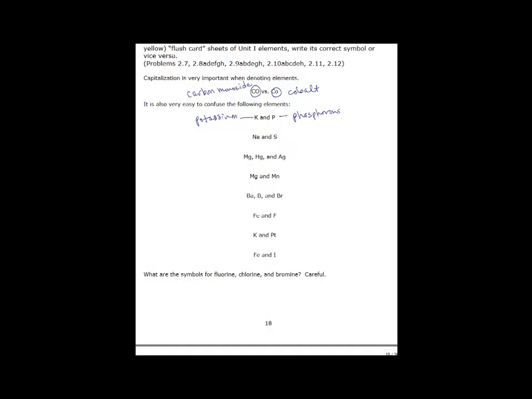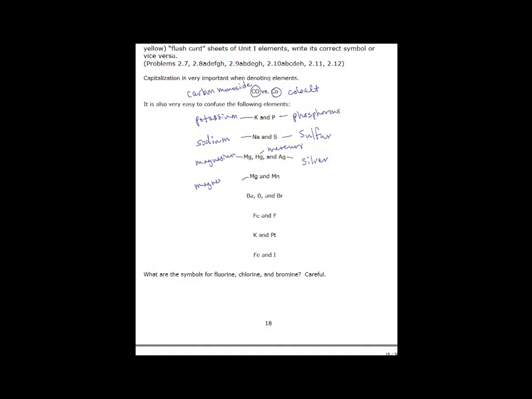That's for phosphorus. Same thing occurs with sodium, which is Na, and sulfur, which is S. Be careful with the G's. So Mg is magnesium, Hg is mercury, Ag is silver.